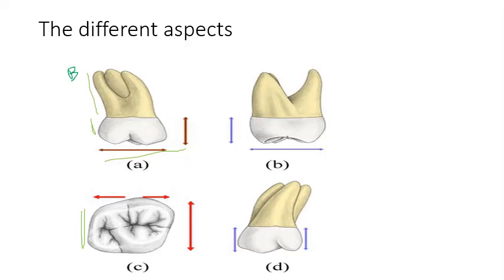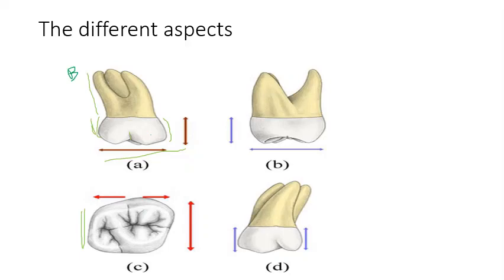Now what we can see on the buccal aspect is the buccal groove. Here it is a buccal groove. We can see both the mesial outline and the distal outline. This is the distal outline. The two cusps, the mesiobuccal cusp and the distobuccal cusp, are obvious on this aspect.